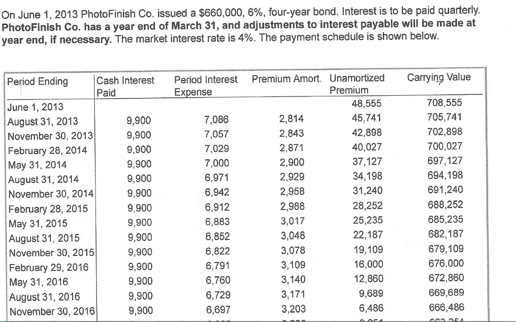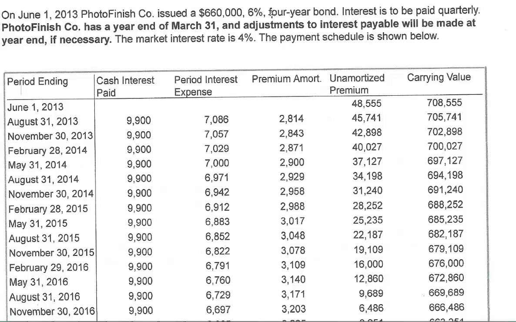And if you have a look, what you'll notice is that because the bond was issued at the date it's dated, which is June 1st, 2013, and it's a 4-year bond, we would expect that at May the 31st, 2017, the bond would mature. Why? Because from June the 1st, 2013 to May the 31st, 2017, that's 4 years.